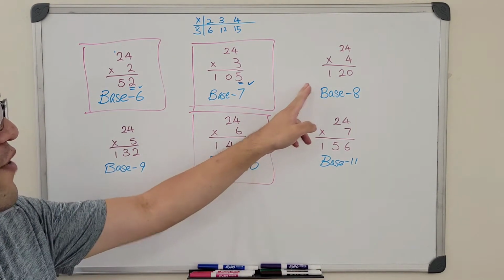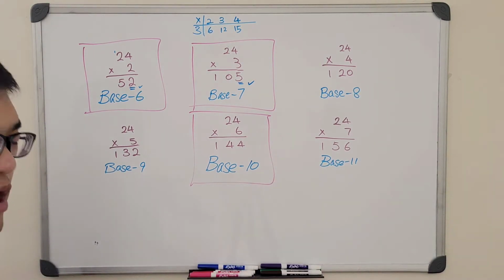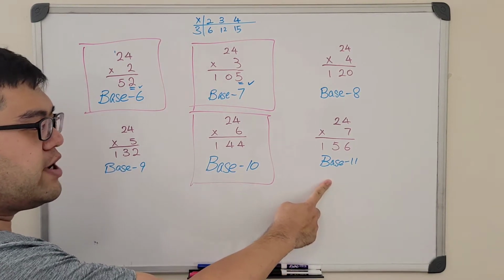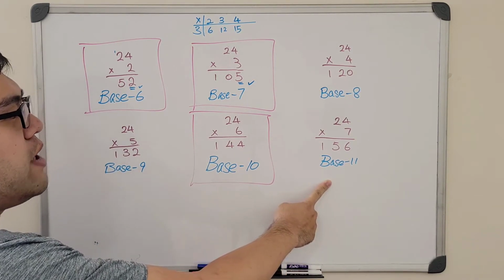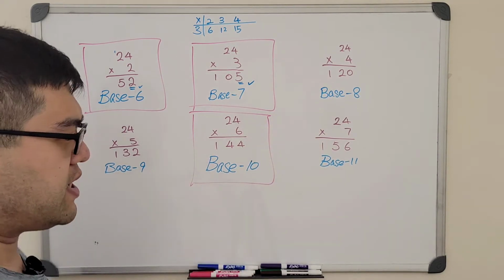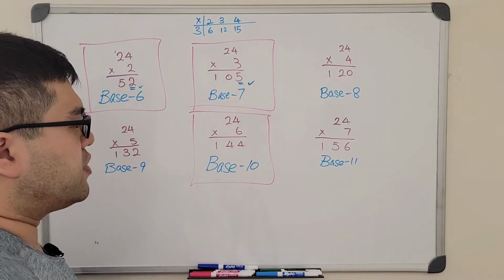So how do we verify the other three answers that are correct? Here is a second method, and I'm going to do it with the last answer as an example. And for the remaining two, base 8 and base 9, I'll leave it as a homework assignment for you guys to think of. So here is the second method.